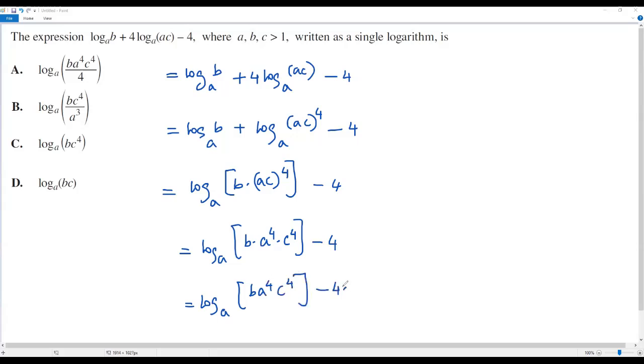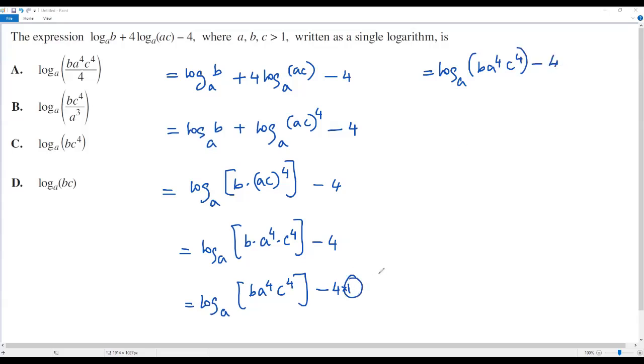I assume this 4 is multiplied by 1. Even if I assume there is a 1 multiplied by this 4, the value will not change, because 4 times 1 is still 4. In mathematics, to get the answer we can do anything, but the value of the original expression should not change. So I've written this 4 as 4 times 1. In my next step, log to the base a, b times a to the 4th power, c to the 4th power, negative.